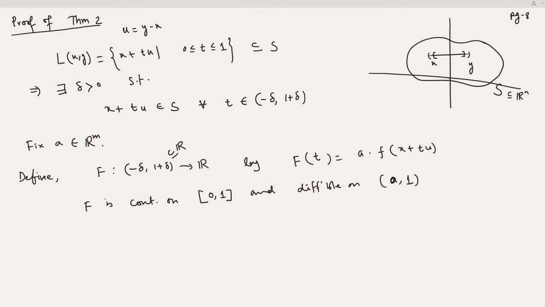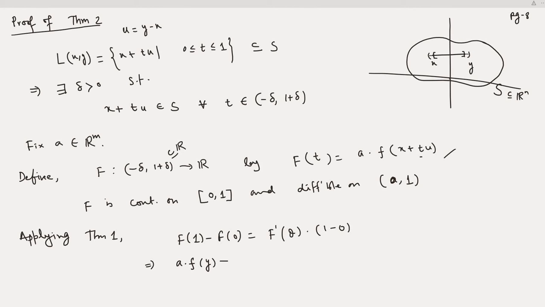Okay, now by applying theorem 1, we have f of 1 minus f of 0 equal to f prime of theta times 1 minus 0, that is again 1. Okay, and this implies f of 1 equal to A dot product with f of, at t equal to 1, x plus u, that is equal to y, and f of 0 equal to A dot product with f of x.